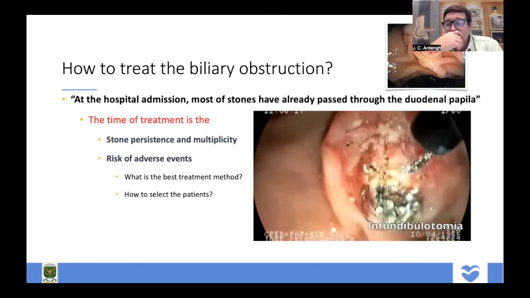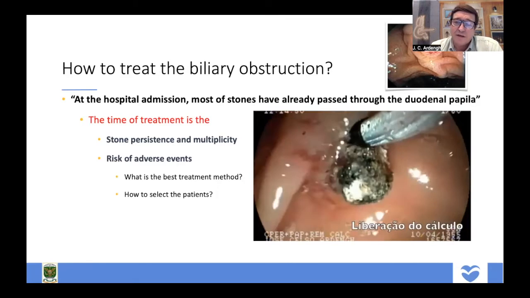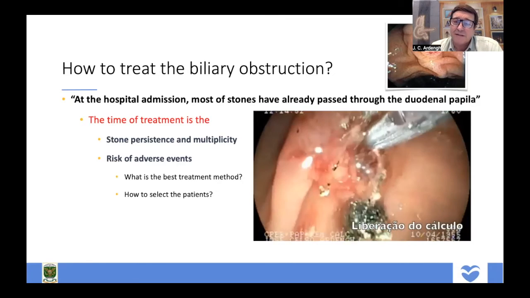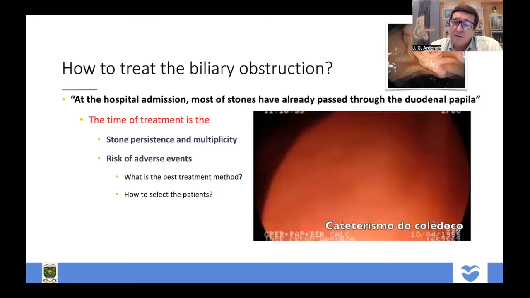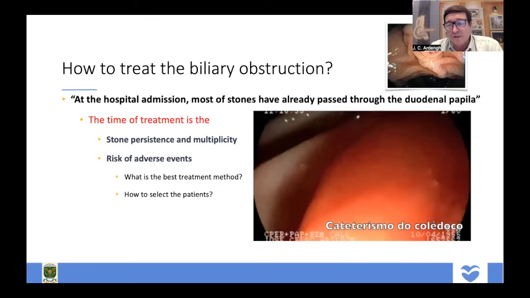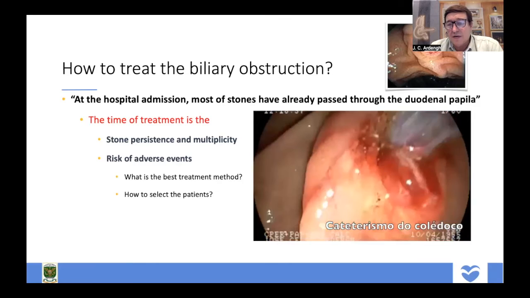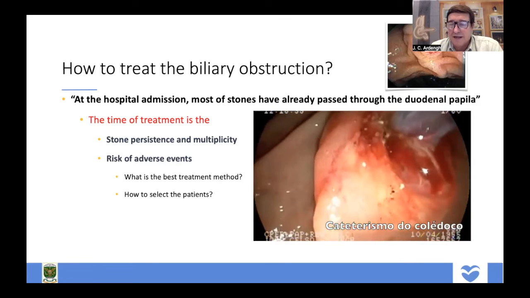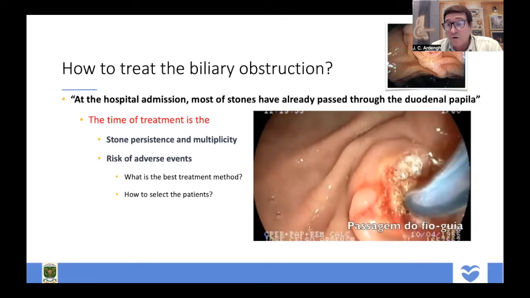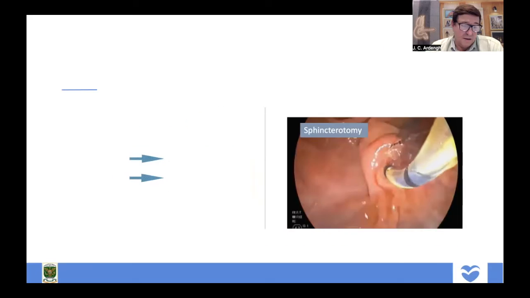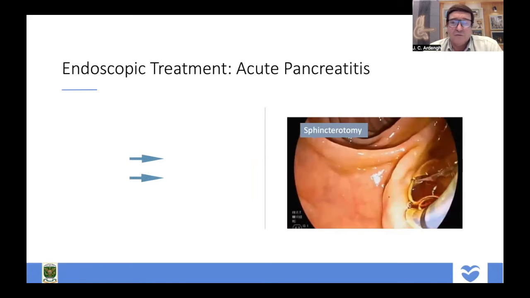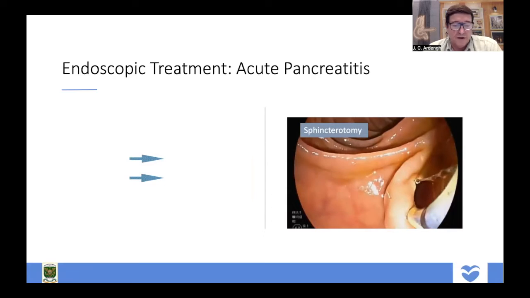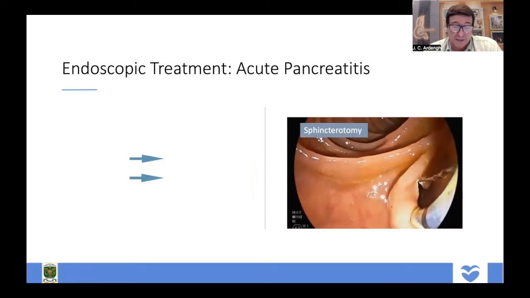With a needle knife, we can remove the stone impacted in the papilla. After this, we can perform the endoscopic sphincterotomy to access the biliary tract and remove all stones inside. Authors propose early treatment up to 48 hours for proven acute biliary pancreatitis.